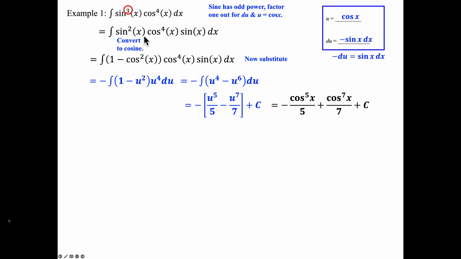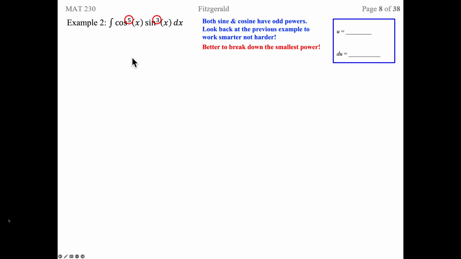I don't want to have to replace, say, sine to the 4th power, because then I have to rewrite it as sine squared of x, all squared, and then I have a binomial being squared, and that's just more FOILing work. So I'm going to opt to break apart the smallest power, because then I have a sine squared x.